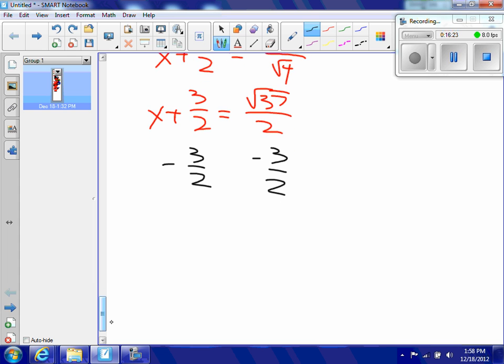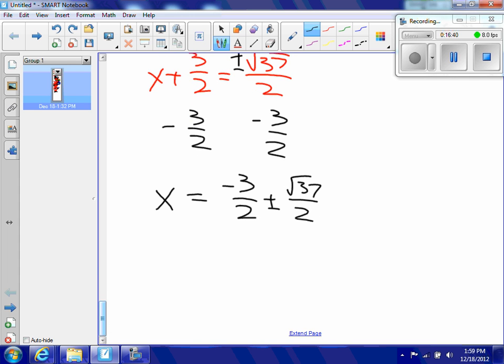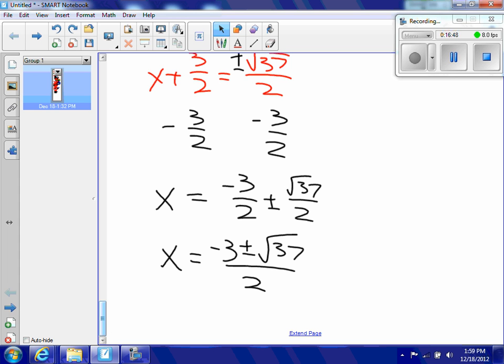I am left with x is equal to negative 3/2 plus or minus radical 37 over 2. So I can write that a little bit easier: x is equal to negative 3 plus or minus radical 37 over 2.